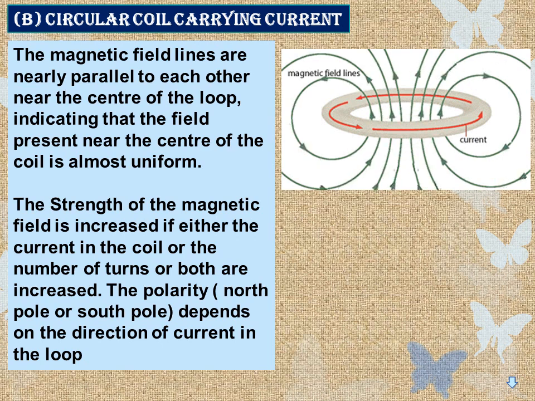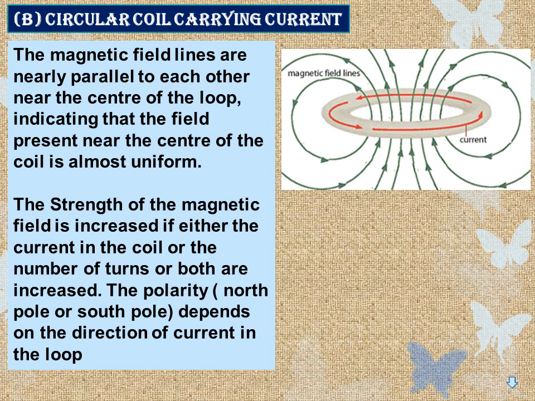We can notice that at the points A and B in the vicinity of the coil, the magnetic field lines are circular. The magnetic field lines are nearly parallel to each other near the center of the loop. Here you can see near the center of the loop they are parallel to each other. This indicates the field present near the center of the coil is almost uniform.